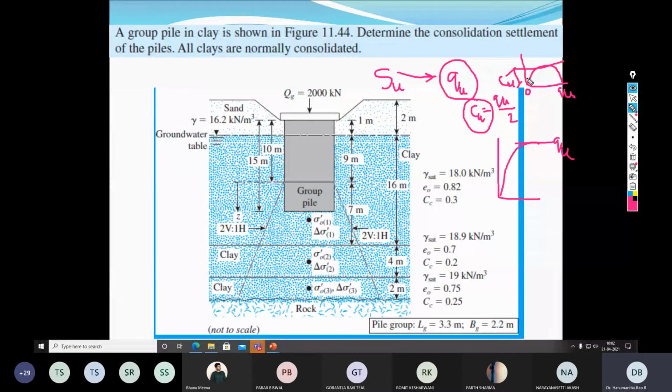But here, as you rightly said, in this case it could be taken as shear strength. If you draw more than one Mohr circle, then that is a different case. Sir, that's why I'm saying, why do we need to divide it by 2? We can directly take SU as CU.